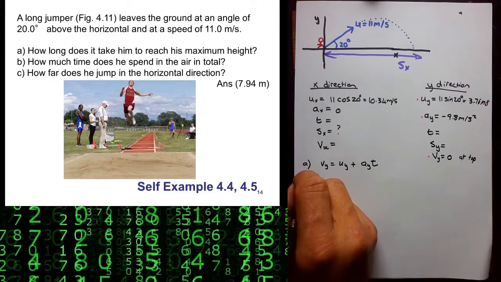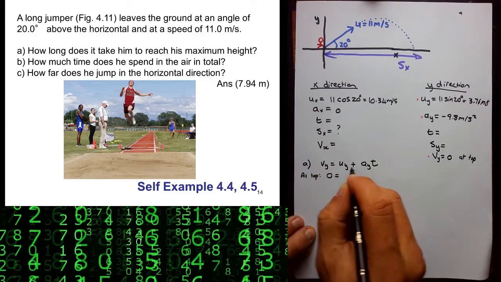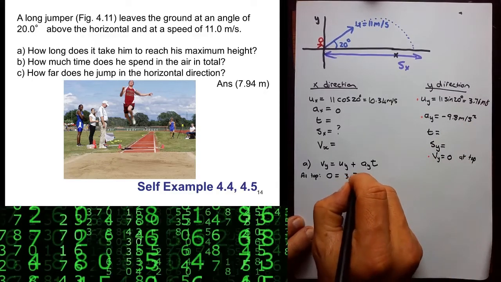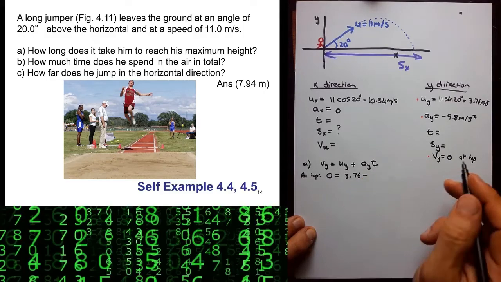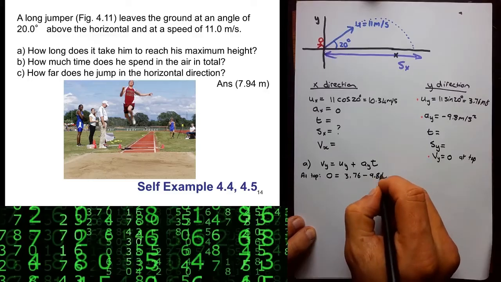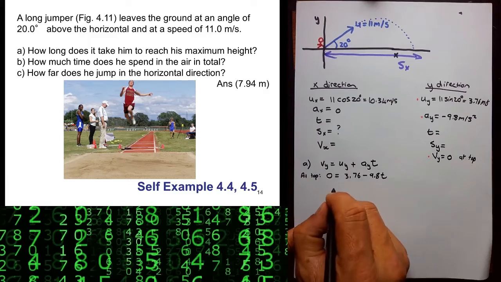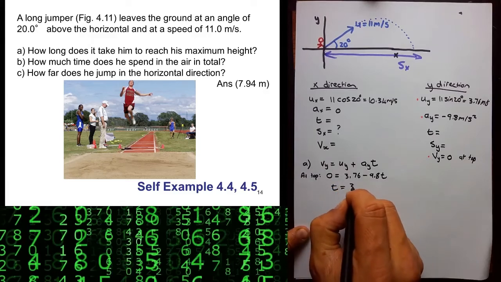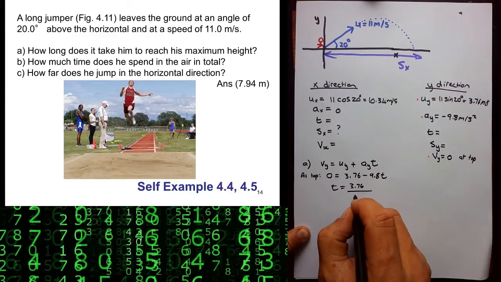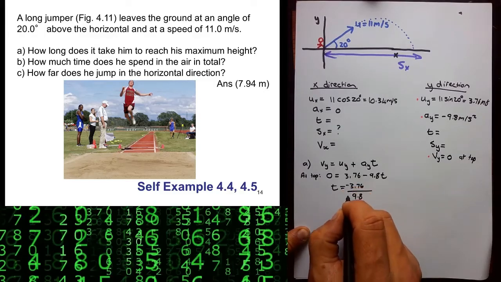At the top we'll have 0 equals the initial velocity, this value here, 3.76, minus the acceleration, 9.8, so minus 9.8 t. That's the expression, and then we can solve for t. We're going to get t equals minus 3.76 over minus 9.8.